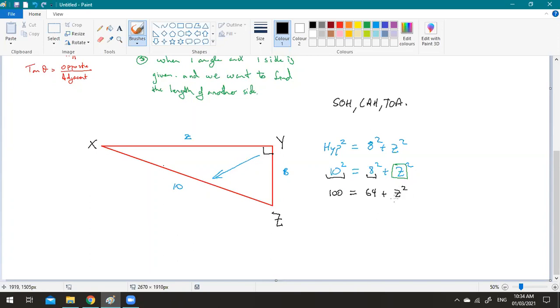If we want to find Z, what do we do with the 64? Minus it from the 100. So we have 100 minus 64, which is 36. Now we have Z squared, but we want to find Z. What's the opposite of squaring?